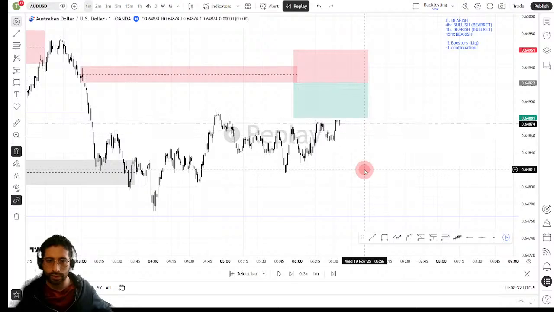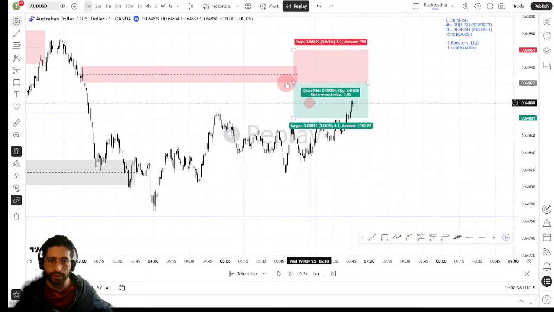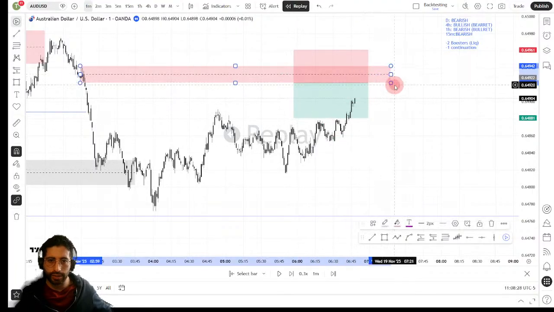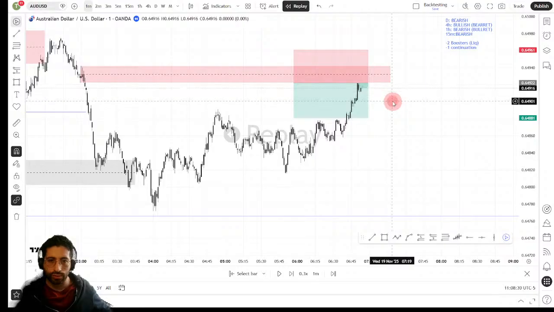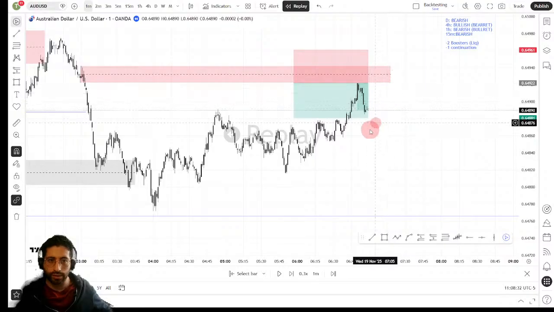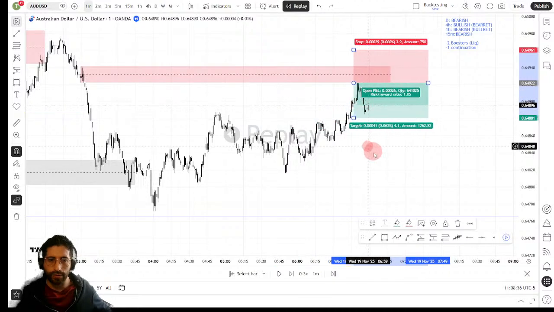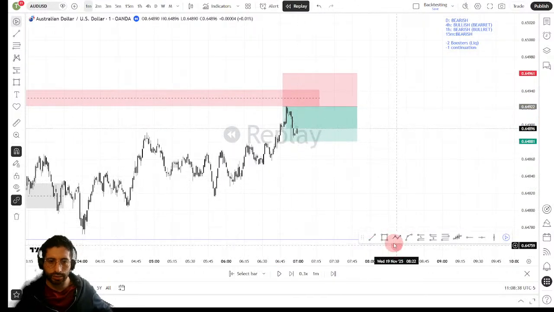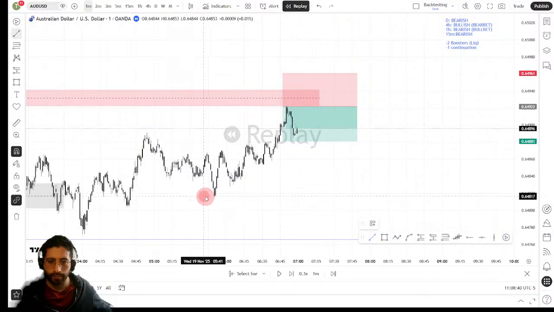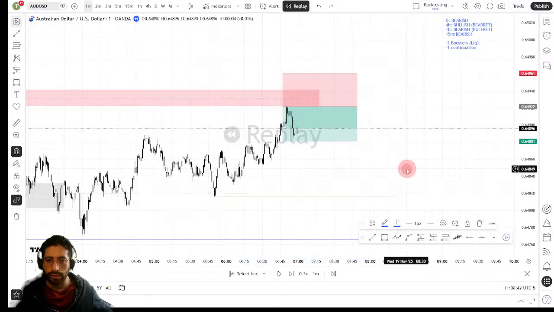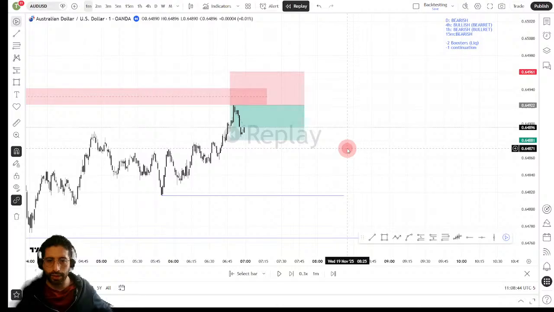Okay, the price is going up, more or less towards the direction we were expecting. Boom, it entered. So once we got a breakage of a range, which is this range, we can actually put break even.